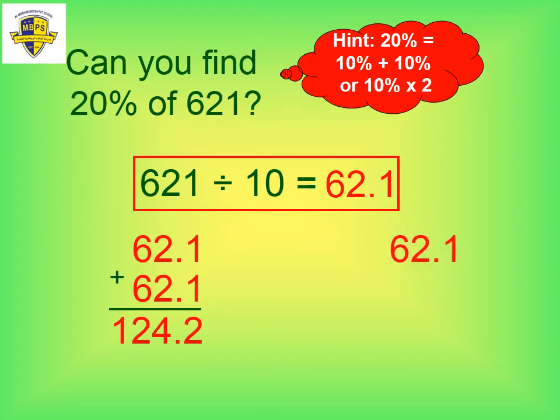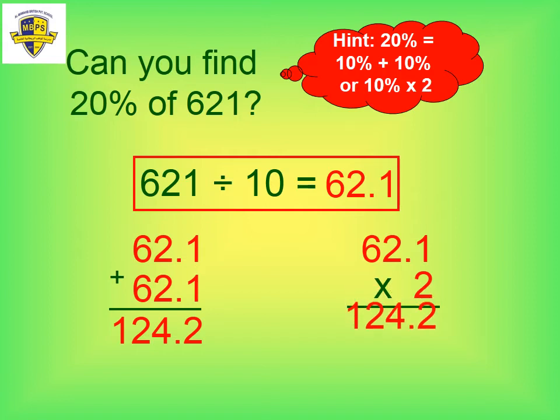Now if you want to multiply it by 2, 62.1 multiplied by 2 equals 2 multiplied by 1, 2. 2 multiplied by 2, good, 4. And 2 multiplied by 6, 12.